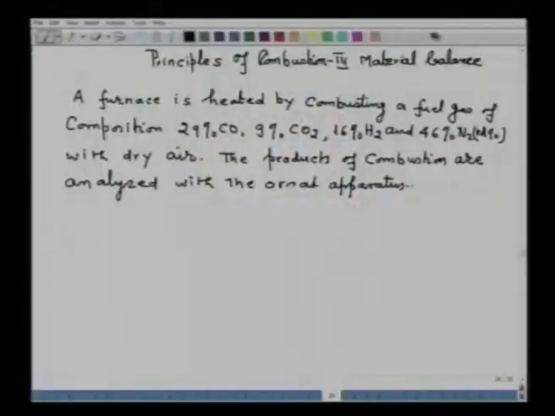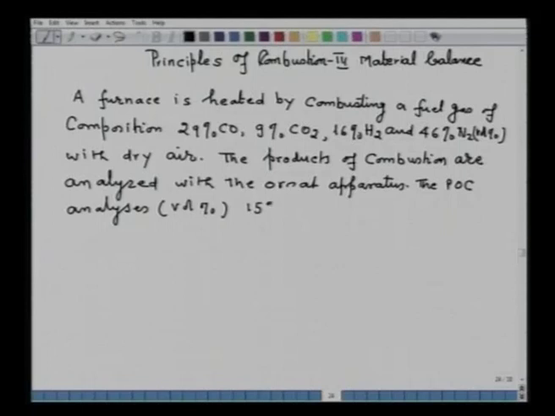So, the POC analysis, again on volume percent, is 15% CO2, 7% O2 and 78% nitrogen.